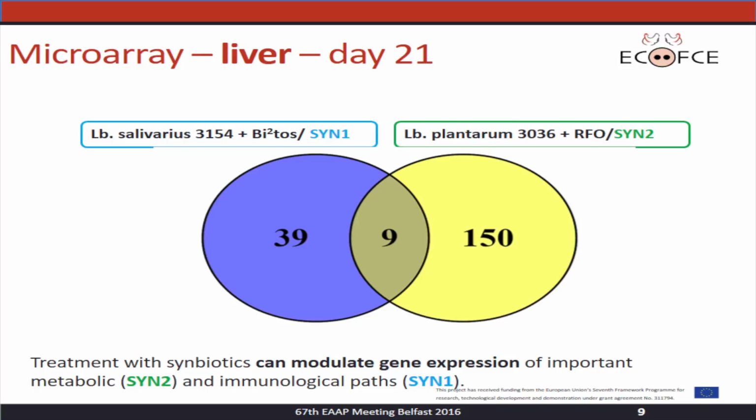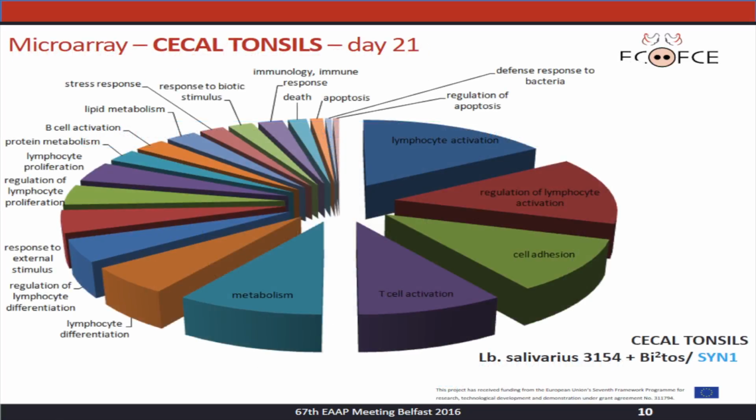So at first we look at the cecal tonsils and the symbiotic 1 effect, because that was the highest number of genes changed upon the stimulation with this bioactive substance. And as you can see, most of the pathways which were triggered are related one way or another to immune response.